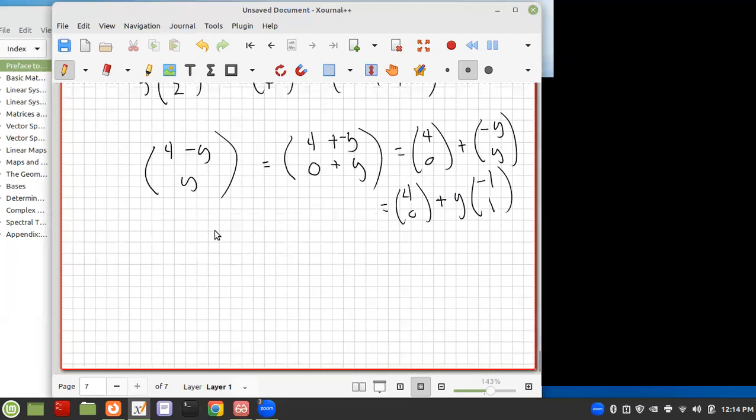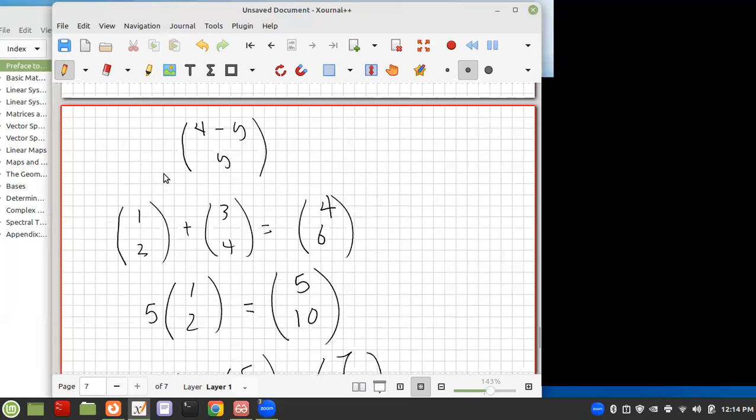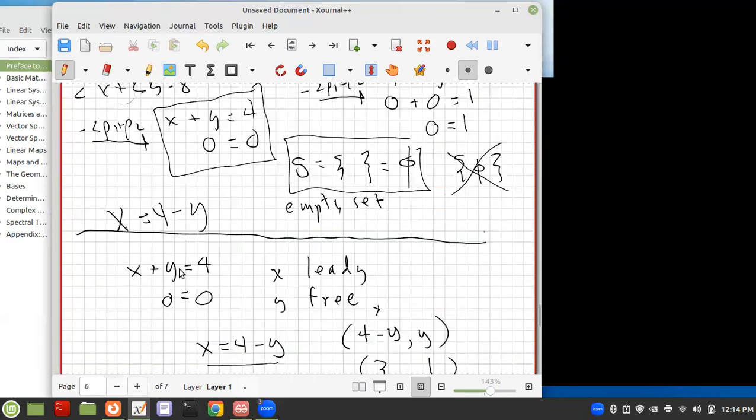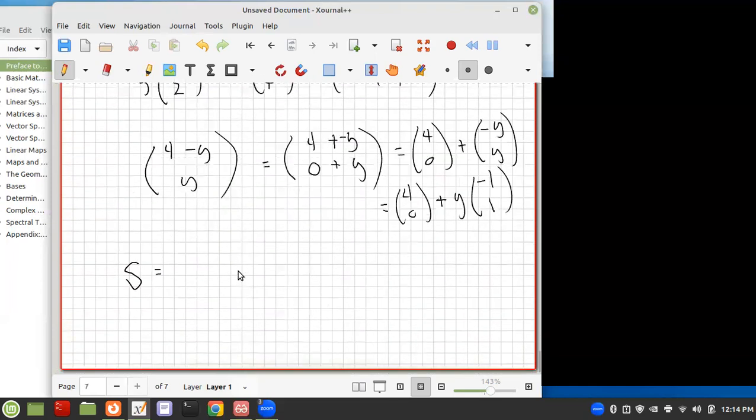And that's the form in which I want. So I'm going to write that my solution set for this system here, x plus y equals 4, or the second equation is 0, is the set 4, 0 plus y times minus 1.